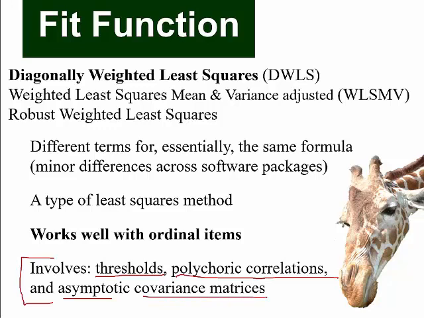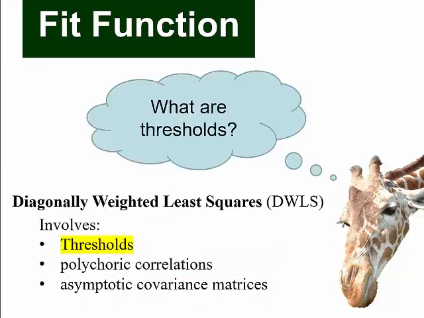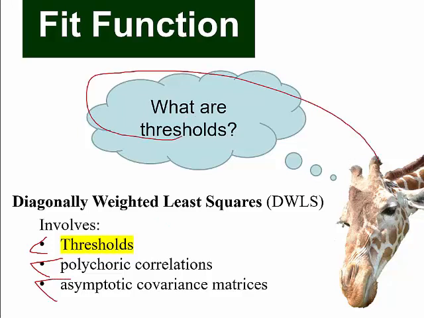So I've got 3 different steps we're going to need to go through to do this diagonally weighted least squares solution, which will give us the best possible estimator if we're working with ordinal items, as we probably would be if we're doing a confirmatory factor analysis with a questionnaire. So as I mentioned, we need thresholds, polychoric correlations, and this thing called an asymptotic covariance matrix. Let's start, as the giraffe is thinking over here, with thresholds. What is that all about?